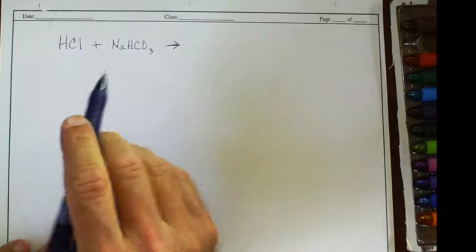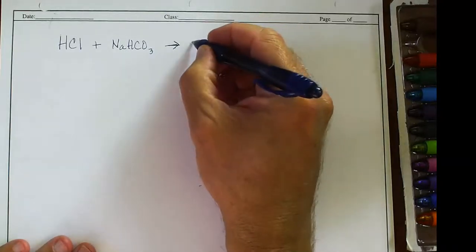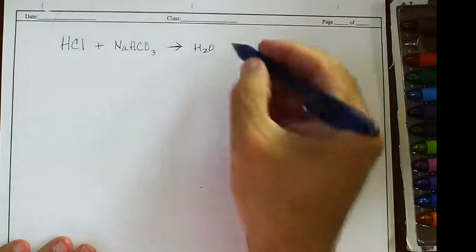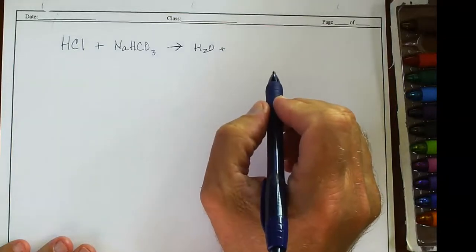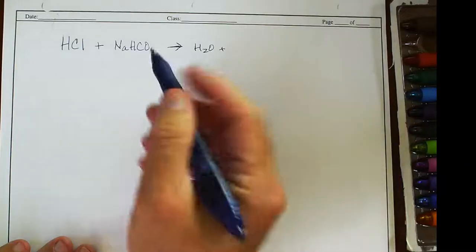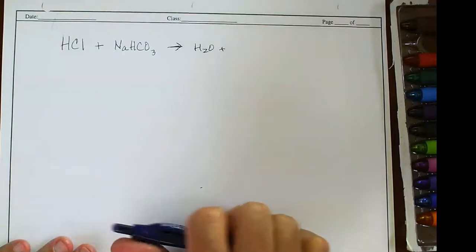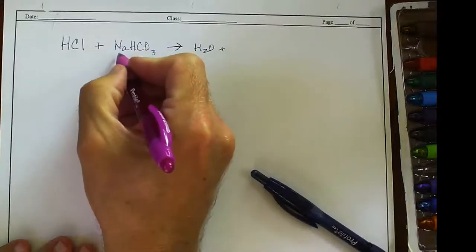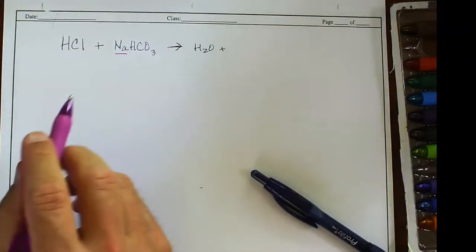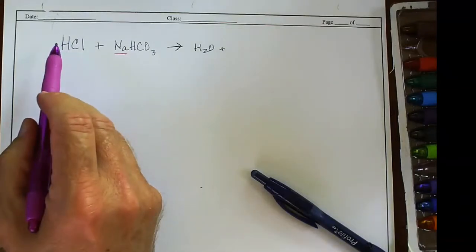Remember that when an acid reacts with a base, there are 2 things that you always get. The first one is water. Okay. The second one is some type of salt. Now, the salt always happens when the cation of the base, so that's the positive part, the sodium, gets together with the anion or negative part of the acid.